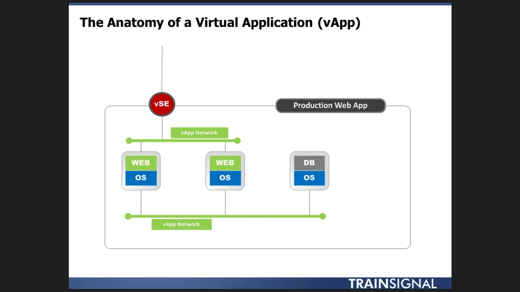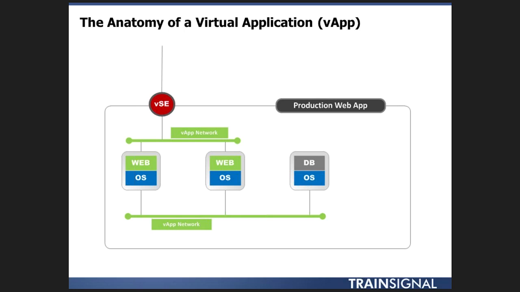So if you think of a multi-tier web application, for instance, you might have multiple web servers, you may have an application tier within your web application, and then a database tier as well.